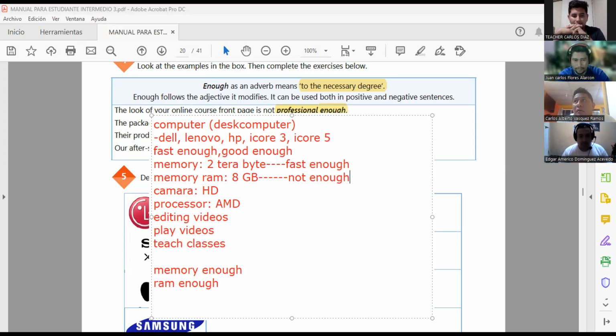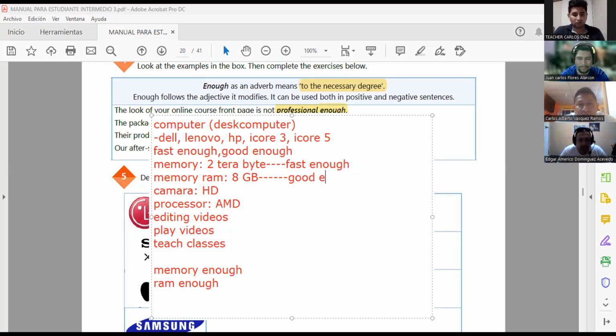For example, what did you say? 12 gigabytes. Okay. But do you think, everybody, that 8 gigabytes is good para lo que necesito hacer? 8 giga, yes, teacher. Yes.